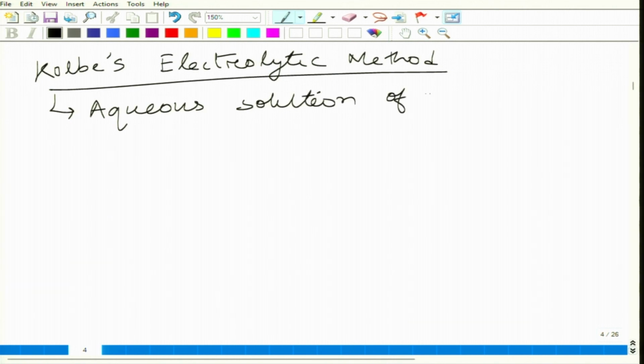Aqueous solution of sodium or potassium alkanoate.